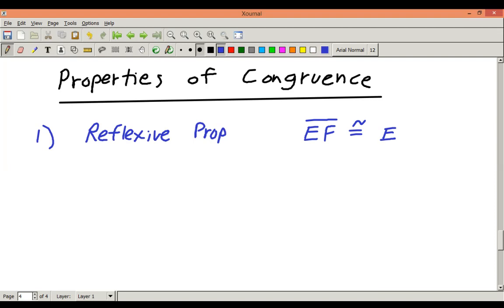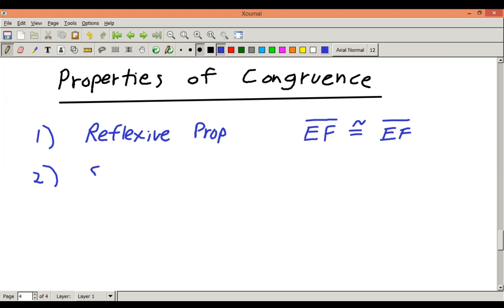So a segment is congruent to itself. Just like numbers are equal to themselves by the reflexive property of equality, segments can be congruent to each other by the reflexive property of congruence. It's one of those fussy details we talked about earlier in the year.